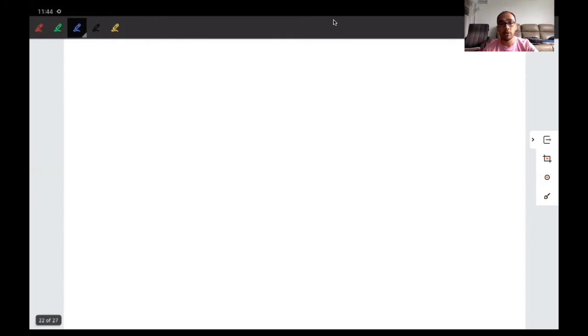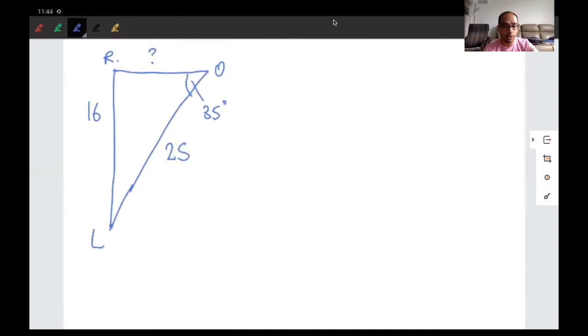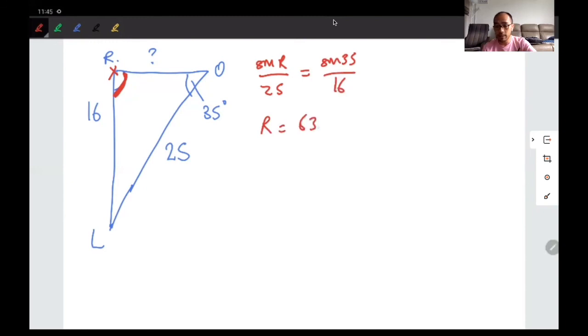So quite a few steps I need to do. First of all, we need to know what this angle is. I need to know wherever Rashid is, what this angle is, and it is an obtuse angle. So sine r over 25 equals sine 35 over 16. So I'll get r equals 63.6647 degrees.